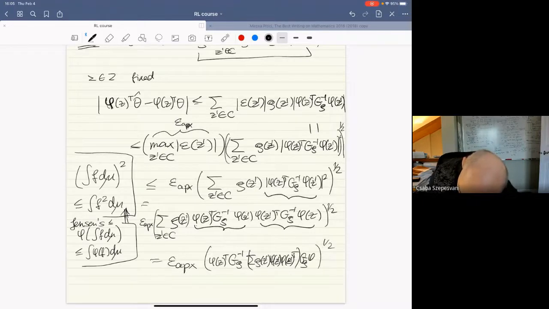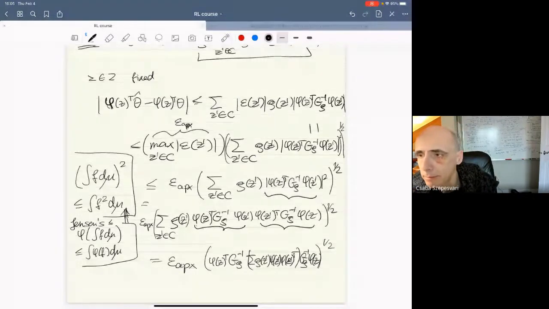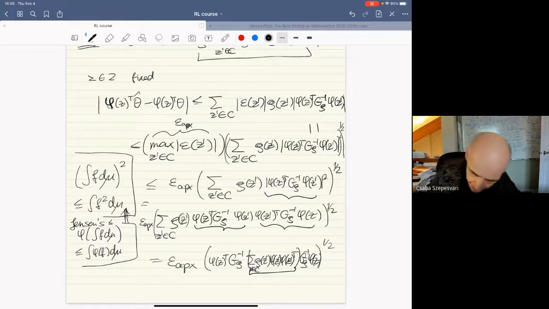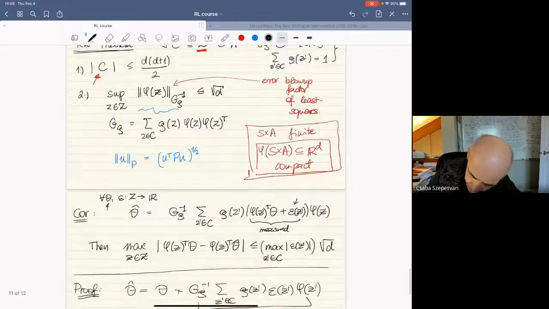Is it familiar? Have you seen this expression before? This sum? Yes, I've seen it.